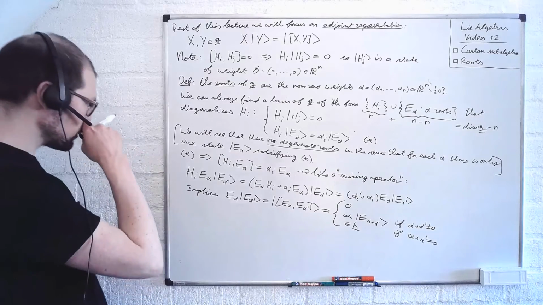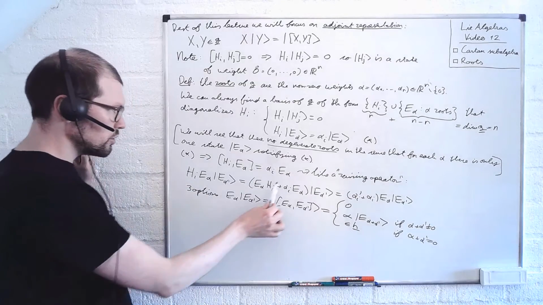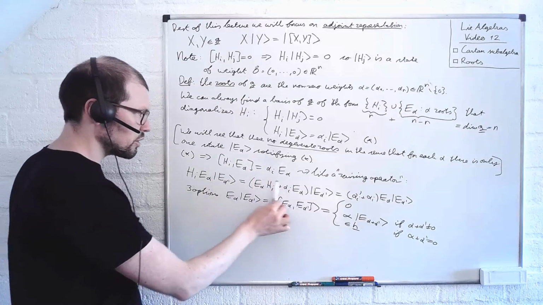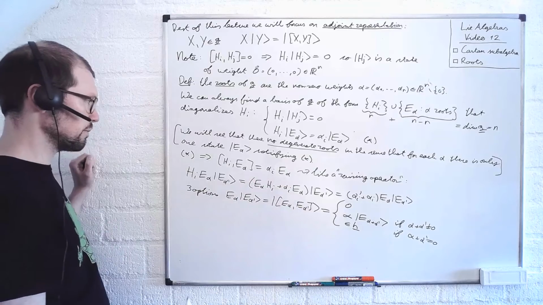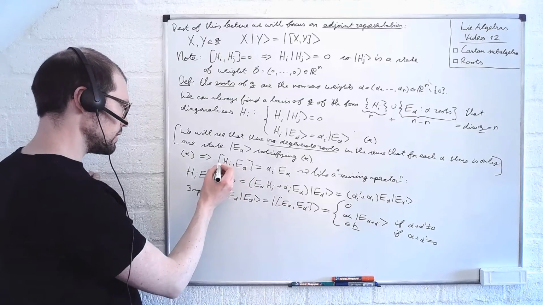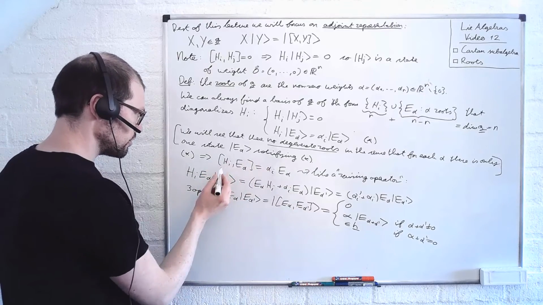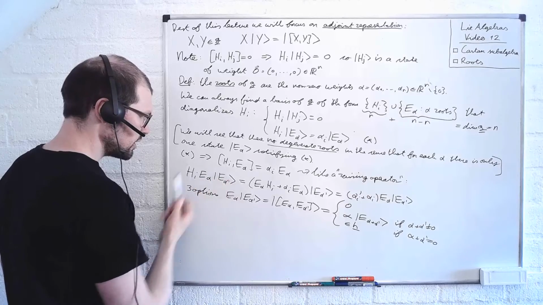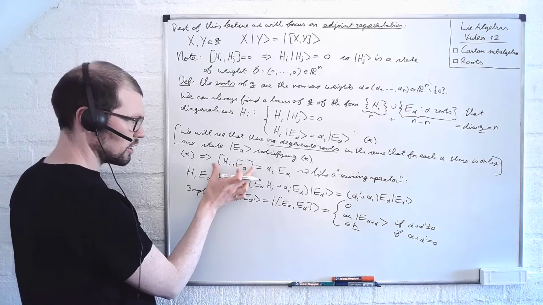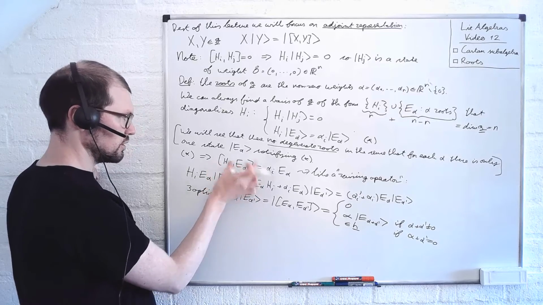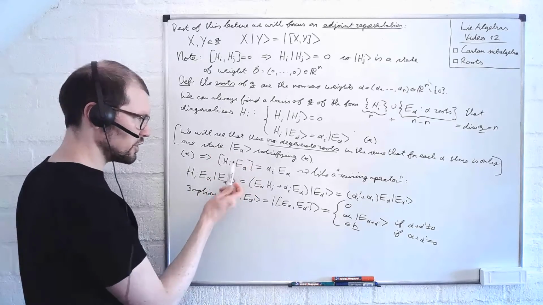Okay, and here's another observation. Let's take the Hermitian conjugate of this formula that I write here. Then what do I get? Well, if I take the Hermitian conjugate and we assume that h_i is Hermitian, then because I take the conjugate, the factors here will swap.